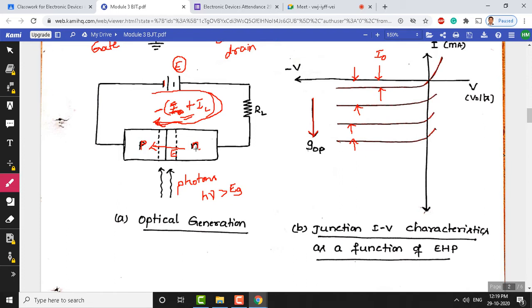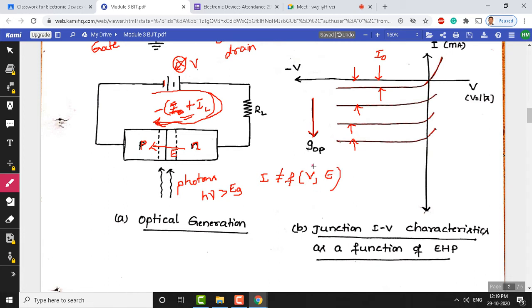It all depends on how many electron hole pairs are generated here. It does not depend on the field, and it does not depend on the electric potential we apply here. So, it is independent. If you have any confusion here, instead of E we can also show this as V. That means I naught is not a function of the applied voltage V, and it is not a function of the electric field.